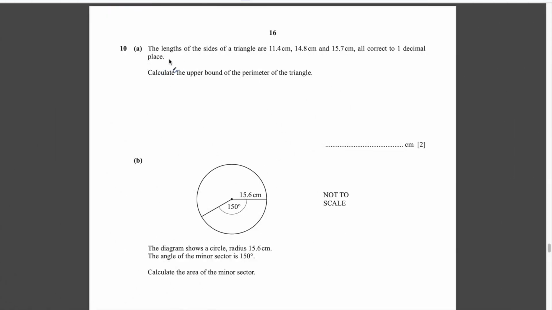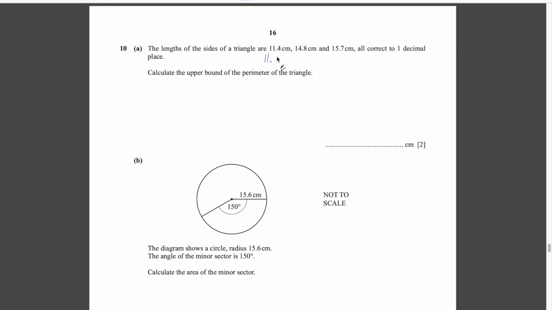It says, part A, the lengths of the sides of a triangle are 11.4, 14.8, and 15.7, all correct to one decimal place. Calculate the upper bound of the perimeter. So in order to find the upper bound of the perimeter, first you are required to find the upper bound of each side. Do not find the perimeter then the upper bound. First find the upper bound of each side.